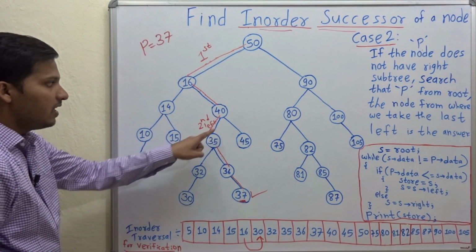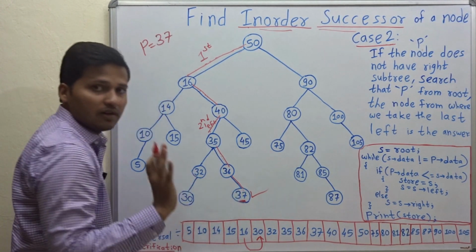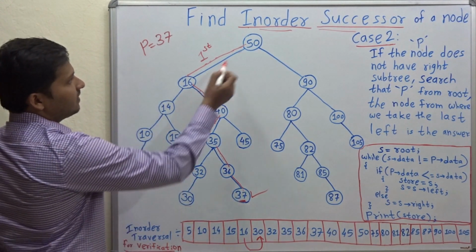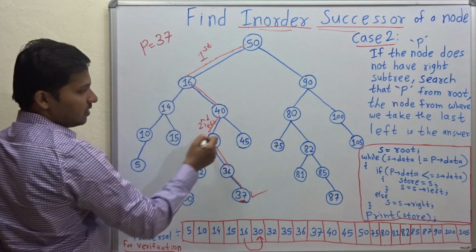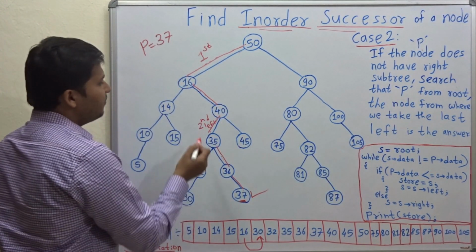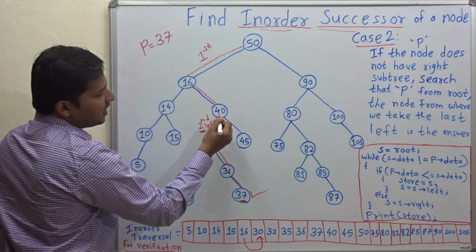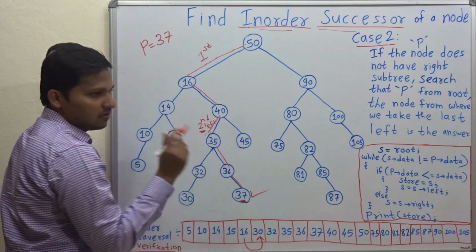Then we went to the right child, then again to the right child. So totally there are 2 left turns. So what is the last left? Means what is the latest left? The second left. So this is the last time we have taken the left turn.